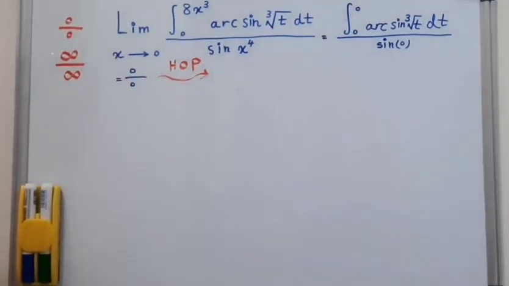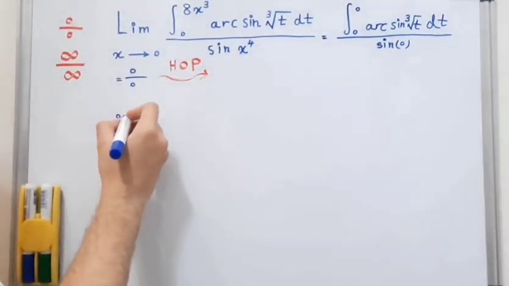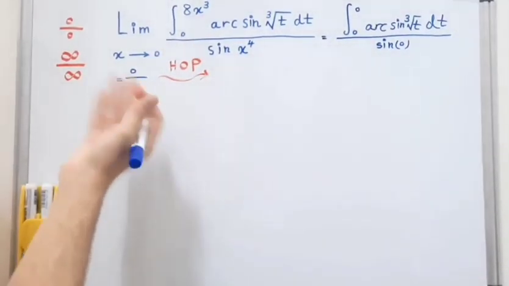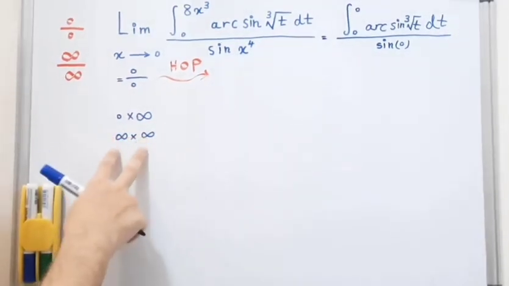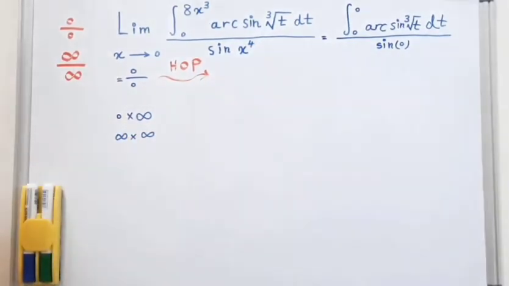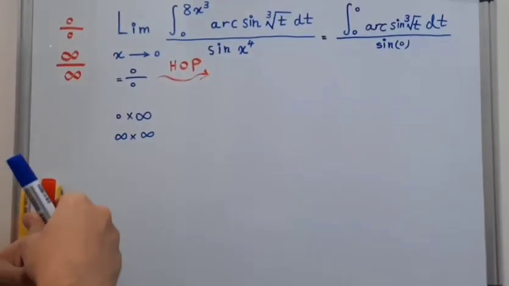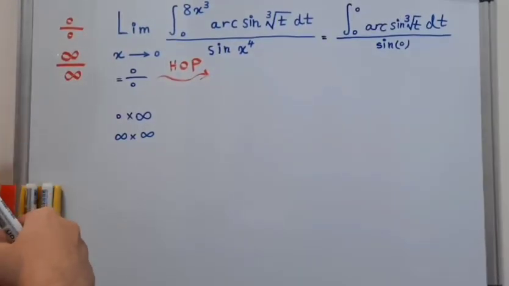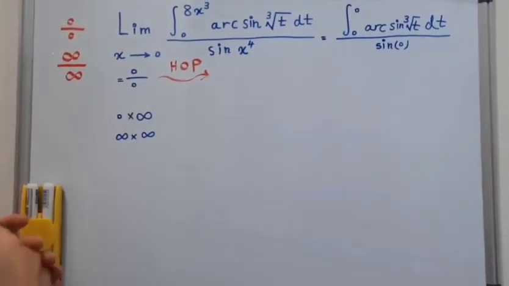If you reach something like, for example, 0 multiplied by infinite, or infinite multiplied by infinite, you should make the expression become something like this, and then we can use L'Hopital's method.